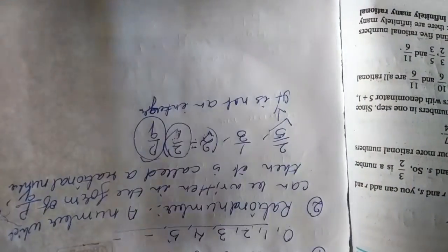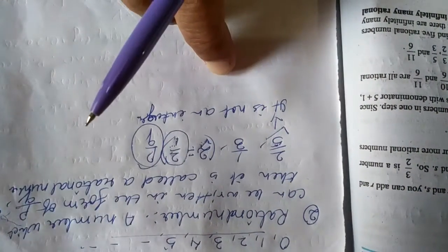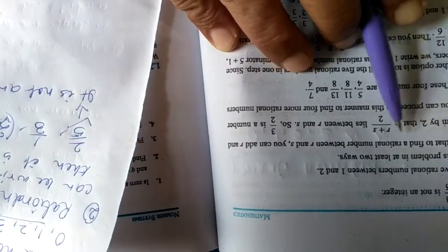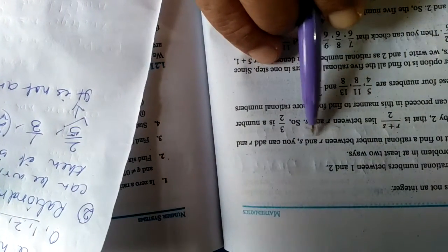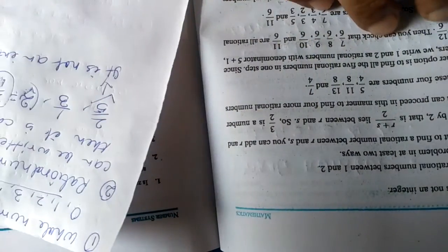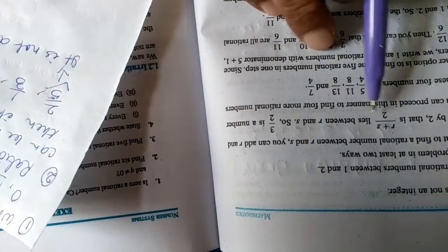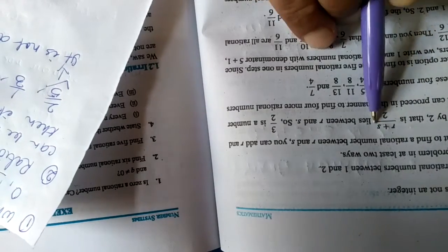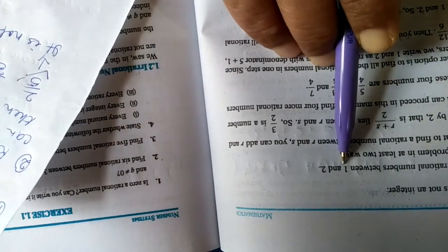See here. Recall that to find a rational number between r and s, you can add r and s and divide the sum by 2. Means (r plus s) by 2 will lie between them.